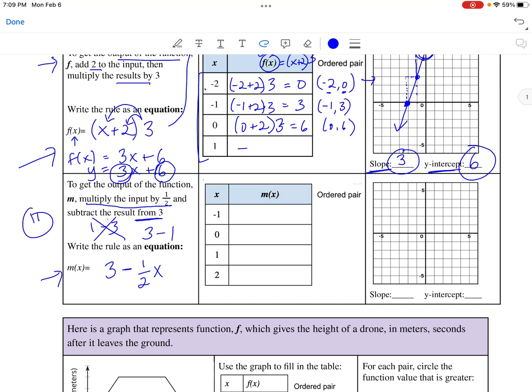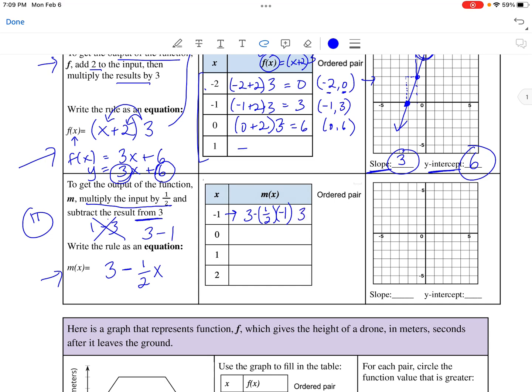Okay, so now we're going to plug in and find some input-output pairs. When x is -1, we're going to have 3 minus 1/2 times -1. So order of operations, we first have to multiply the 1/2 times the -1.